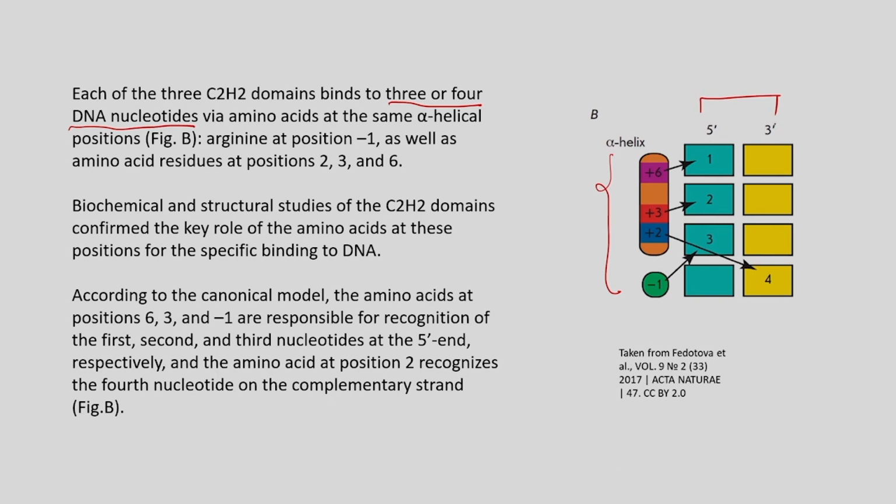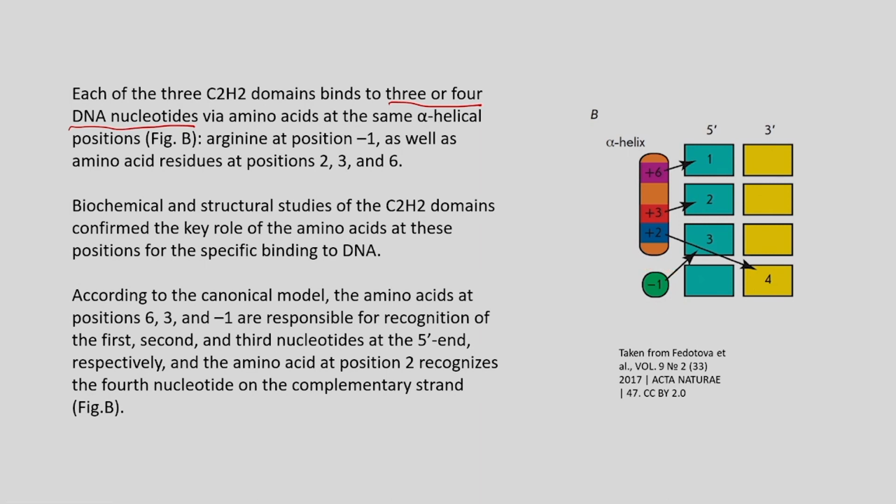As you can see, this is the 5 prime, and this is the 3 prime. So, arginine at position -1 as well as the amino acid residues at positions 2, 3 and 6 respectively take part in this interaction.